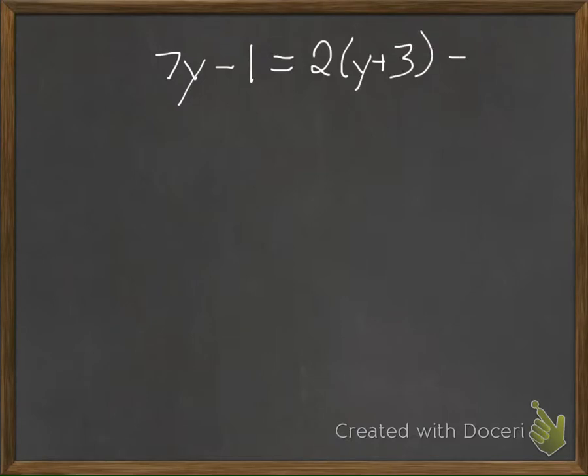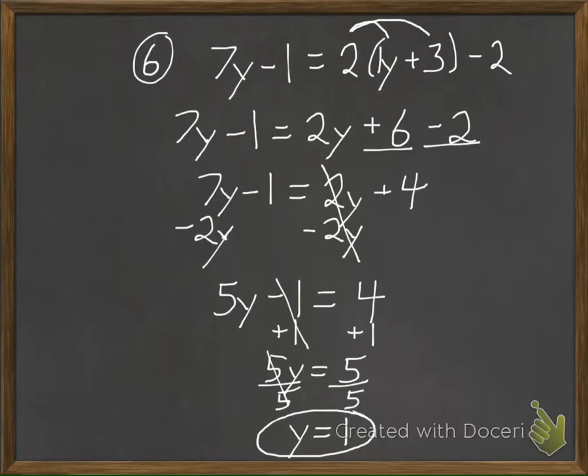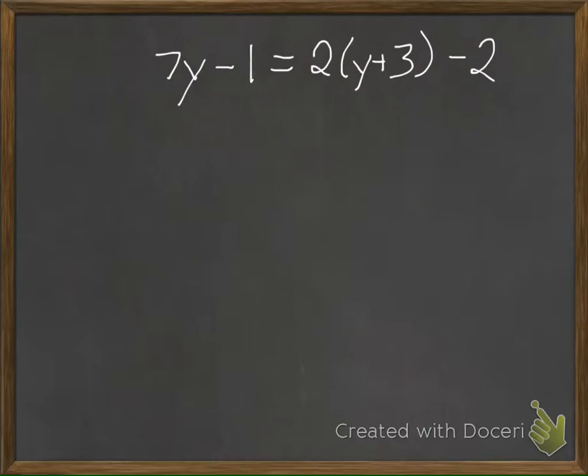The original problem was 7y minus 1 equals 2 times y plus 3 minus 2. And everywhere where I have y, I'm going to replace it with 1 because that's what I believe y is.